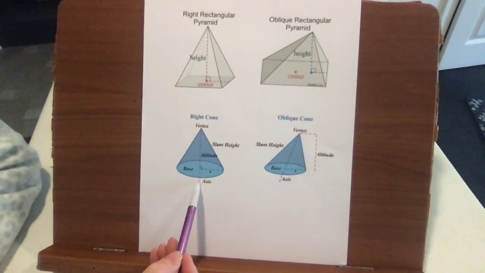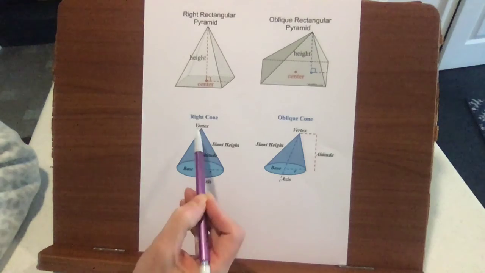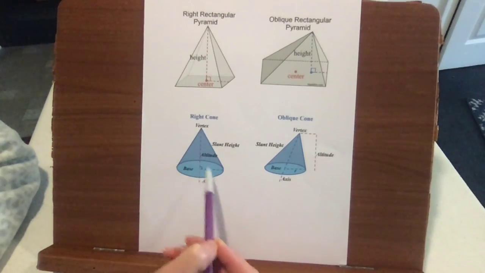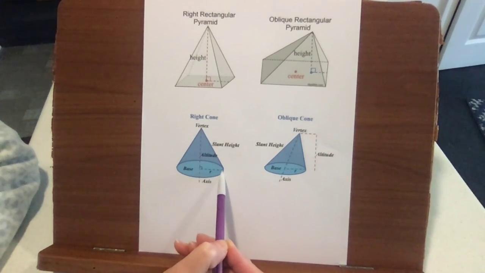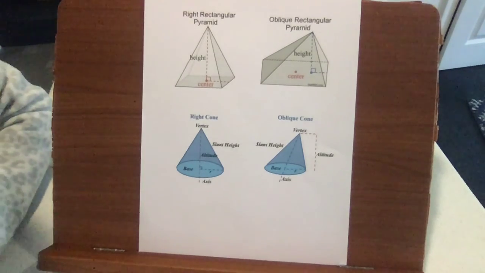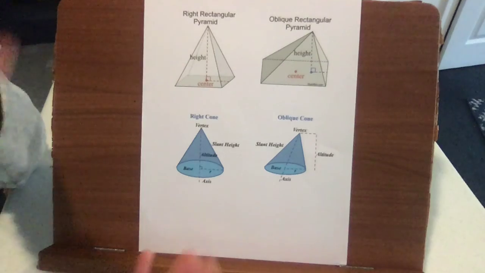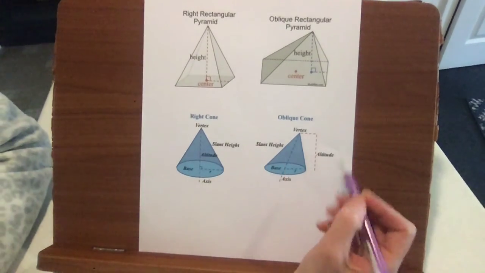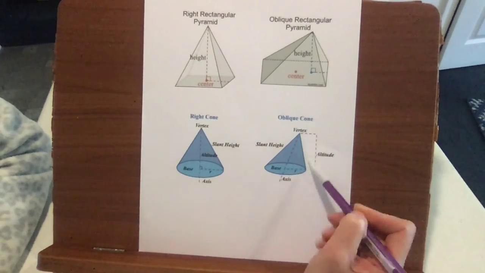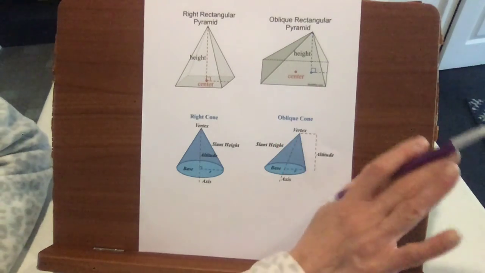And ditto for cones. A right cone is straight up and down. This is its height or altitude. This is its radius. Its slant height is still there, otherwise denoted by L or sometimes S, depending on who's writing up the problems, but typically known as L. And then this is an oblique cone, which leans a little bit.